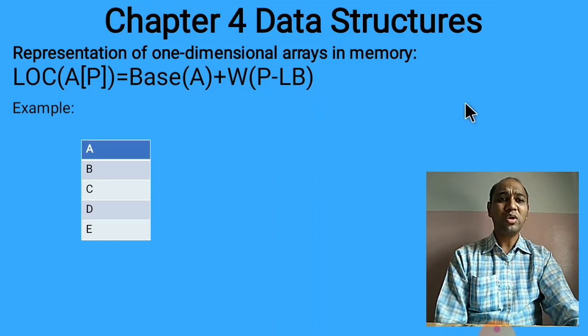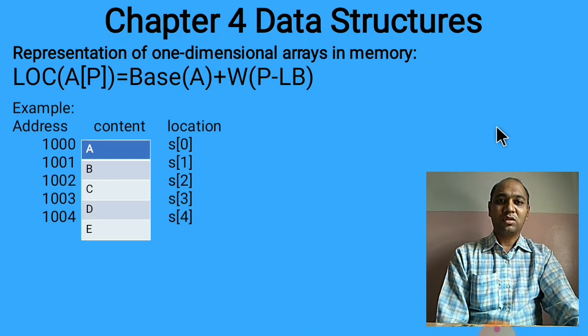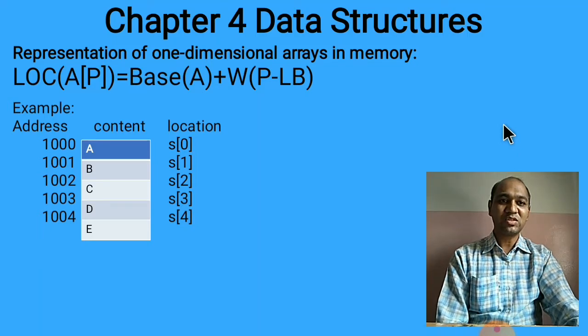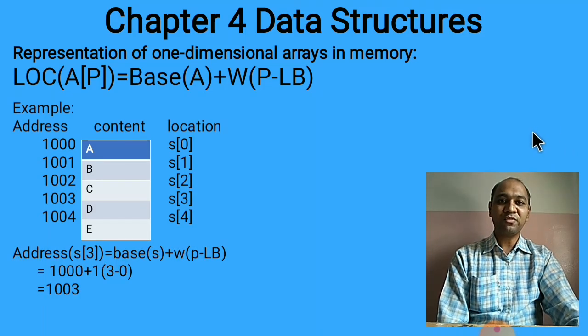Now let us see the locations of this particular array. 1000 is the address of the first element A, and the name of the array that we have given is S[0] here. So 1001 is B, 1002 is C, 1003 is D, and 1004 is E. So S[0] to S[4]. So instead of writing A, here you can write S, that is the name of the array. Next you can see address of S[3].